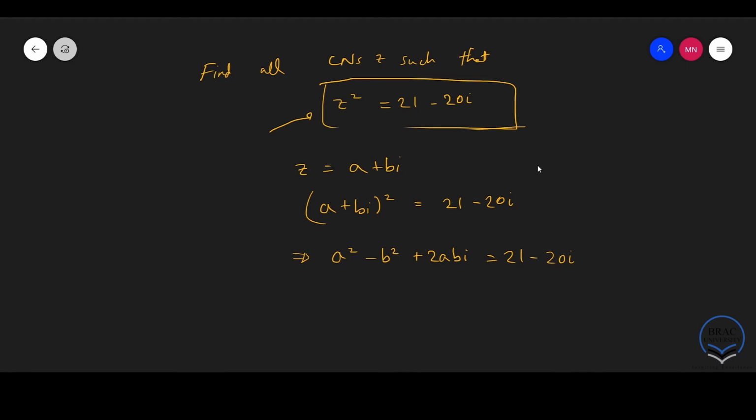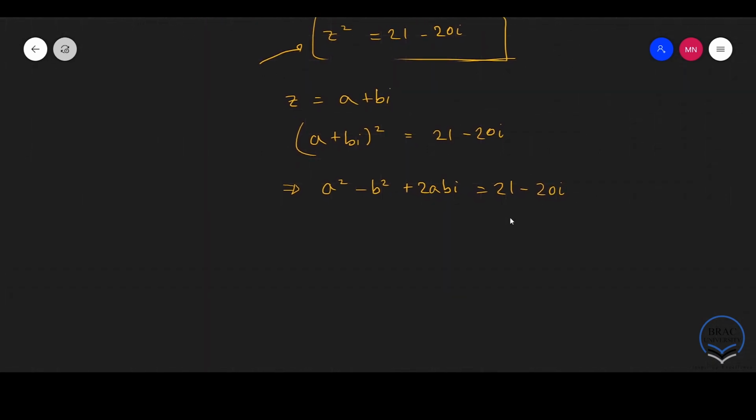I can equate the real parts of both sides and the imaginary parts of both sides. We know that a and b belong to the set of real numbers. So a squared minus b squared is something that is real, and this is our imaginary part. Similarly, this is our real part, this is our imaginary part. So let's equate those sides together.